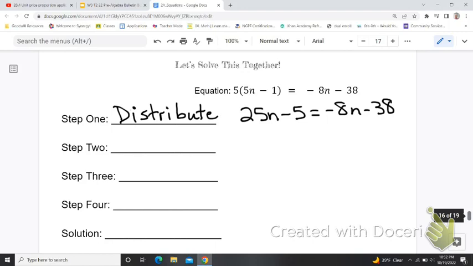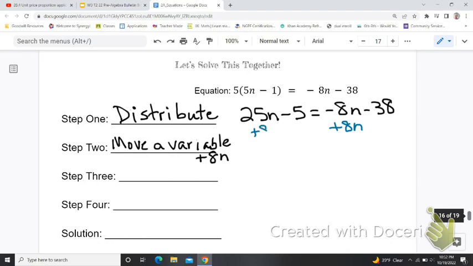What we're going to have is we're going to move a variable. In this case, I personally would move the -8n. So I'm going to do that by adding 8n. I don't want my n's to be on this side, so I'll add 8n to get rid of them.